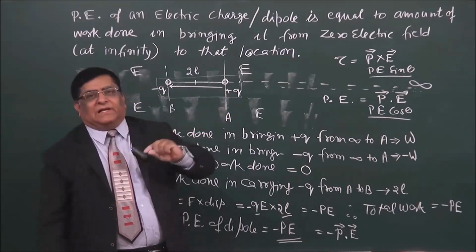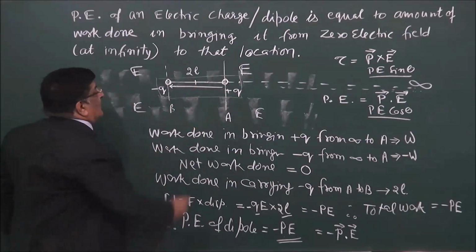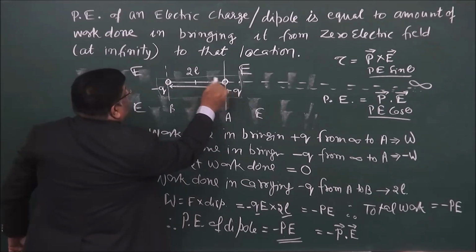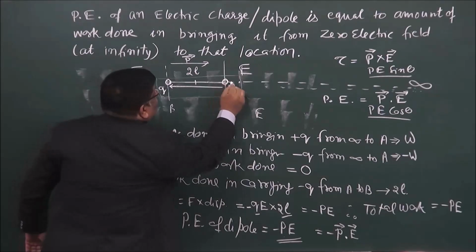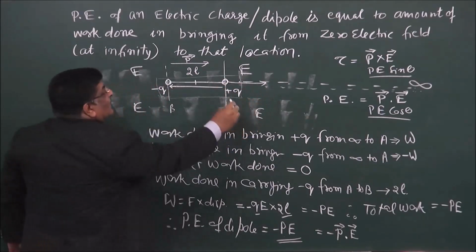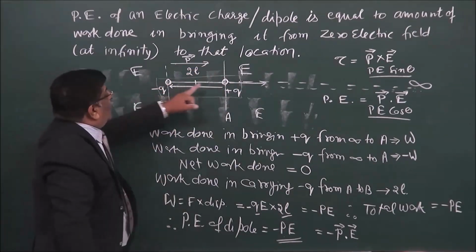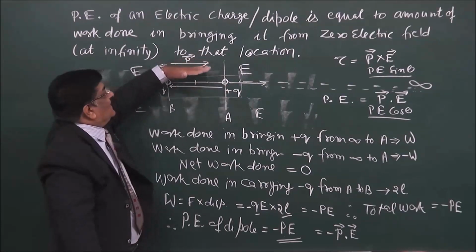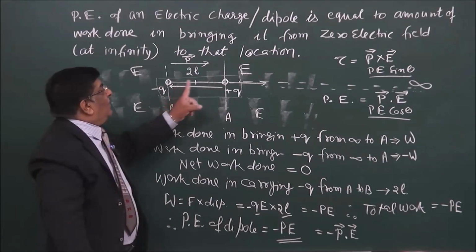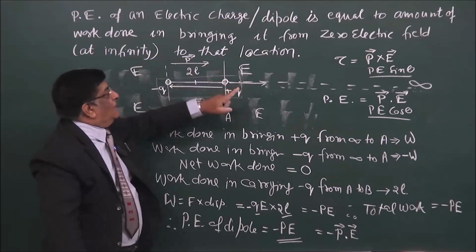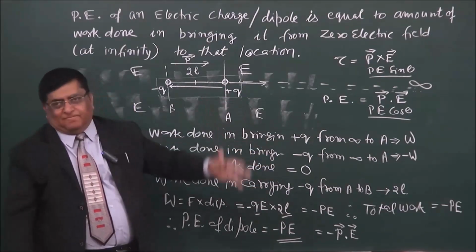Now, this is energy in which position of the rotation? Answer: this is minus Q to plus Q, this is the direction of P, and this is the direction of E. If the dipole is kept in such a way that it is in stable equilibrium condition, where P is along E, then its potential energy is equal to minus PE.